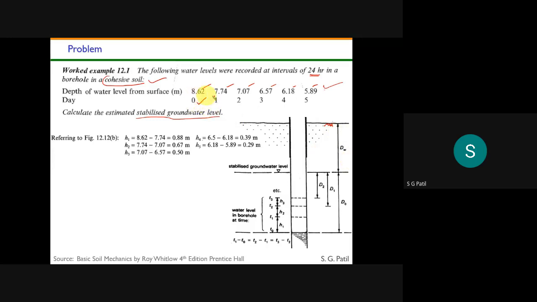What was the depth? 8.62 meter. Wait a minute, I will open in some other application, it will be useful for me for writing.